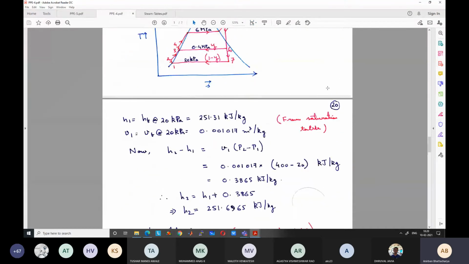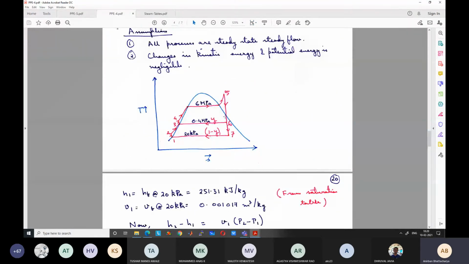And what else do we need at point 5 from the tables? Do we need the specific volume here? No, sir. What do we need? Entropy. Entropy is needed because we have to equate the entropy at 6 and 7 with that of 5 to find the state 6 and 7.